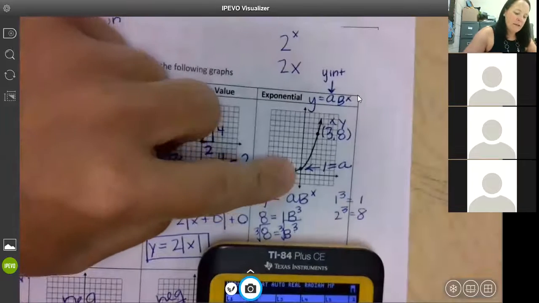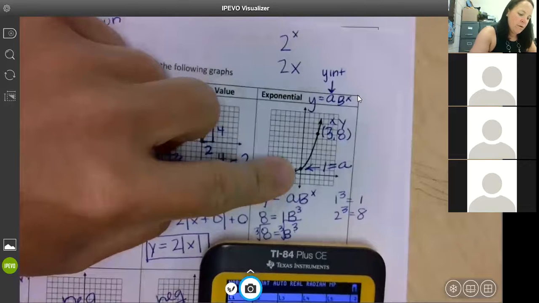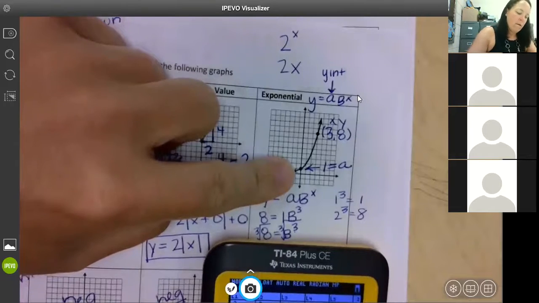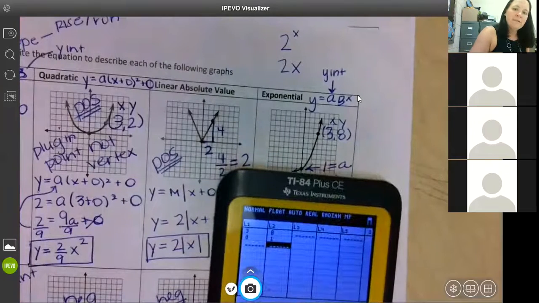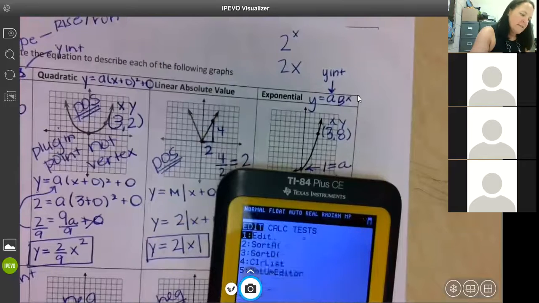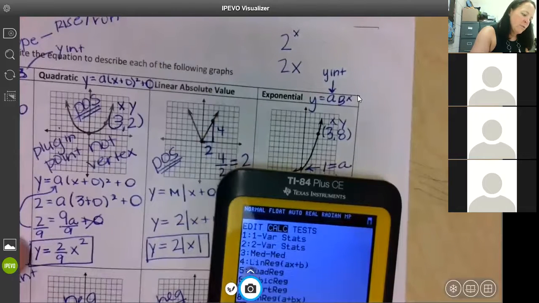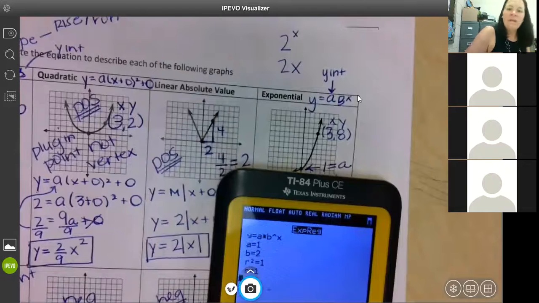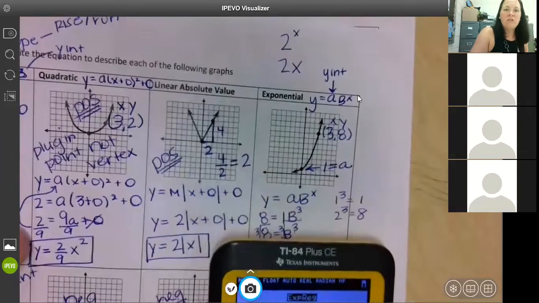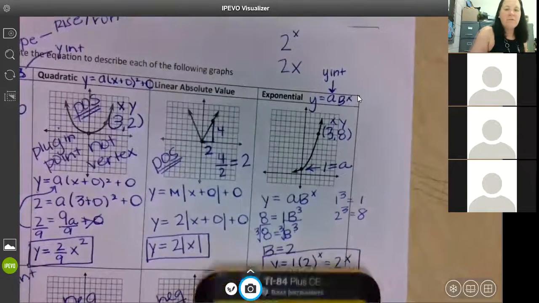And this one is 0, 1. So there's your coordinates into your table. Stat, calc, and we're doing exponential. And it'll give me that 1 and that 2. So 1 times 2 to the x.